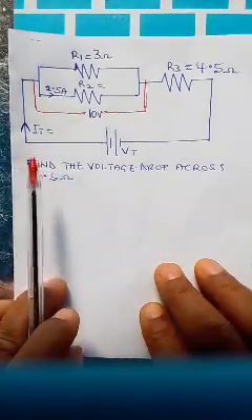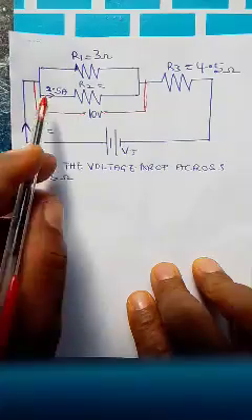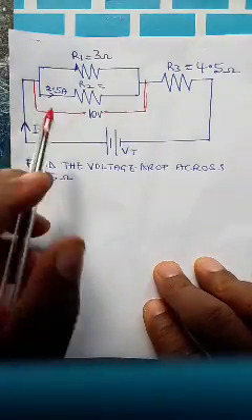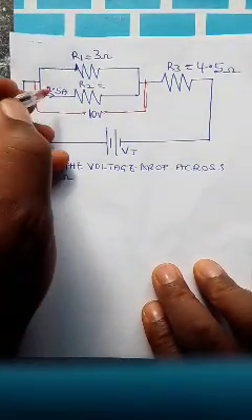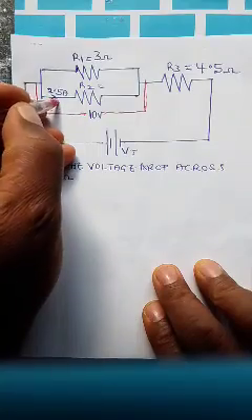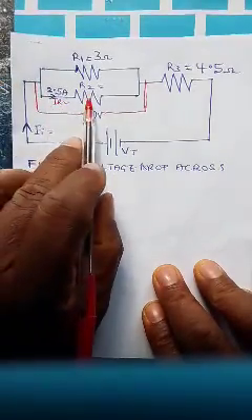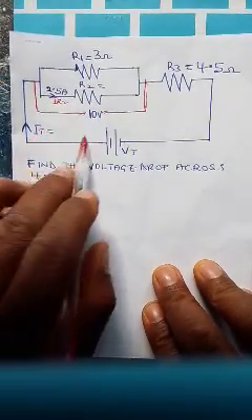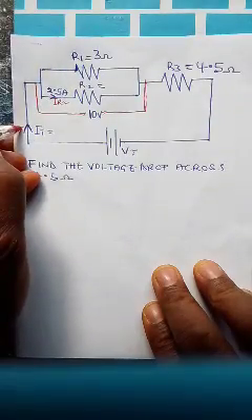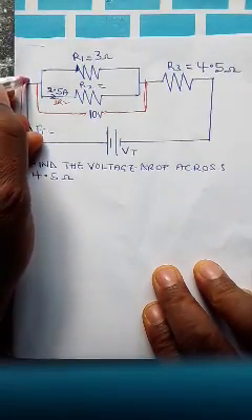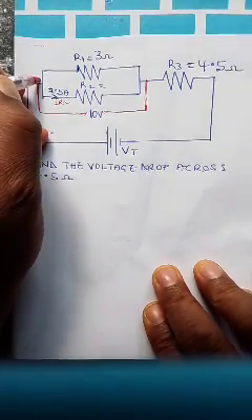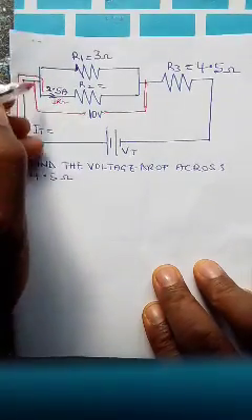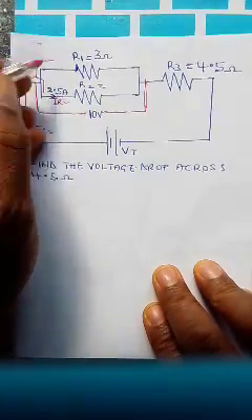Now let's put this: the 2.5 is the current in R2. We should all know that in a parallel circuit, part of the total current will flow in this direction, and part will also flow in this direction.